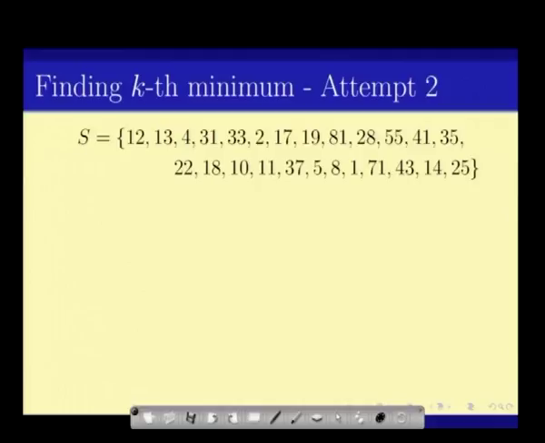So, let us assume that S is this set given here. For this approach to work, we essentially need S to be a set of distinct elements, so S does not contain any element twice.